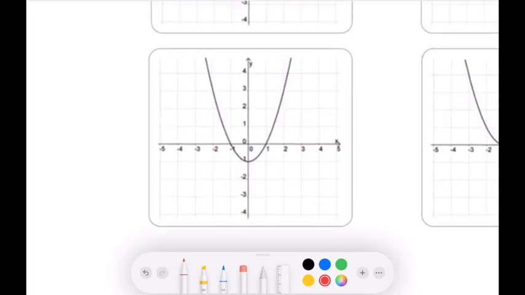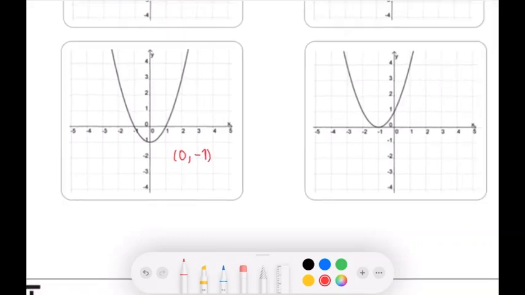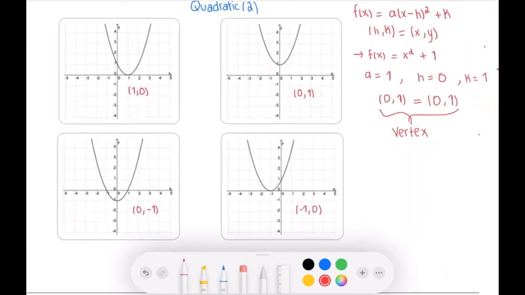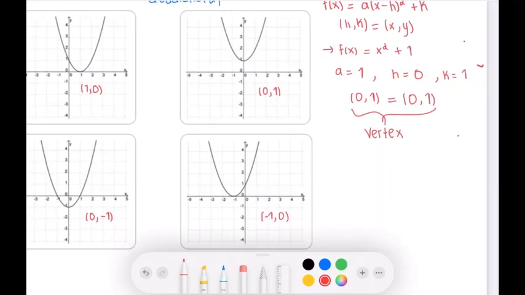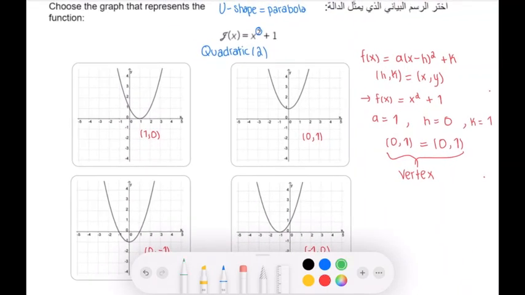In the third graph, it would be 0 and negative 1. And in the fourth graph, it would be negative 1 and 0. So the one with a vertex of 0 and 1 is the second graph. So the second graph would be the right answer.